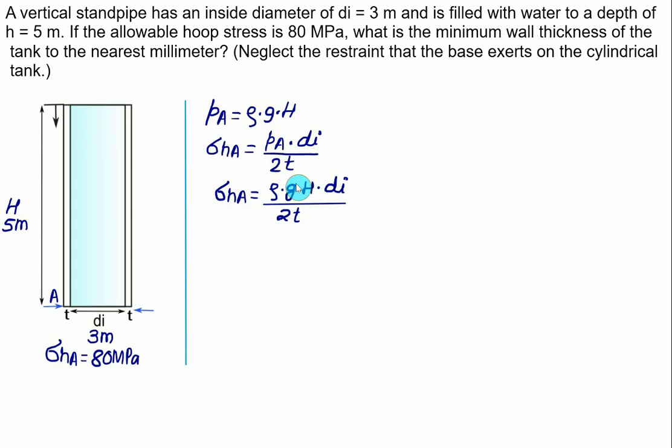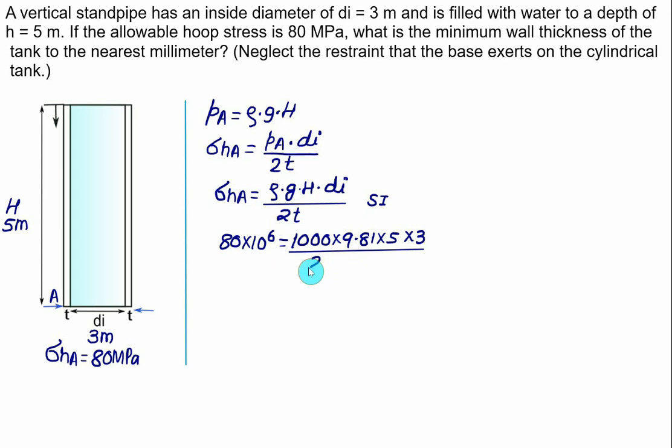Now this value of the pressure will be in Pascal. So we'll go for SI unit. So hoop stress will be equal to 80 megapascal, that is 10 to the power 6. Pressure we are using in the SI unit, so we have to use the value of rho as 1000. g will be equal to 9.81. Depth is equal to 5 meter. So this one is Pascal multiplied by di equal to 3 meter, that is correct.